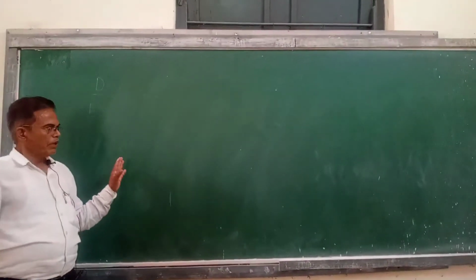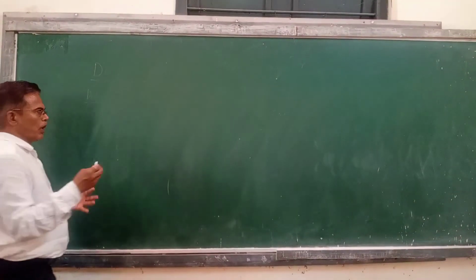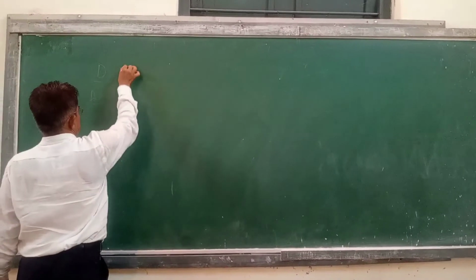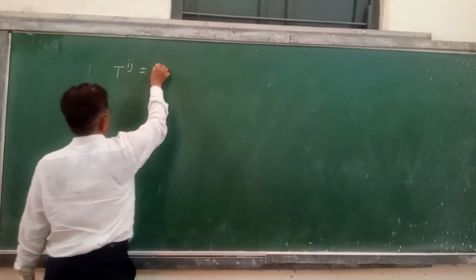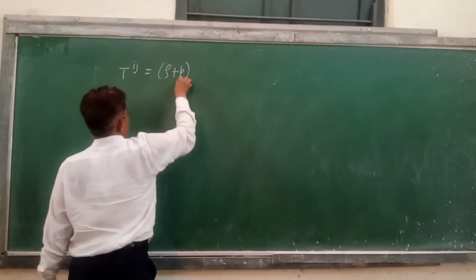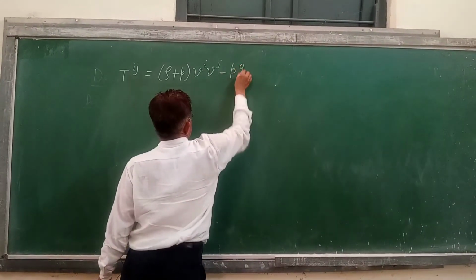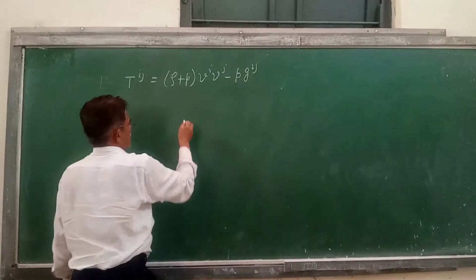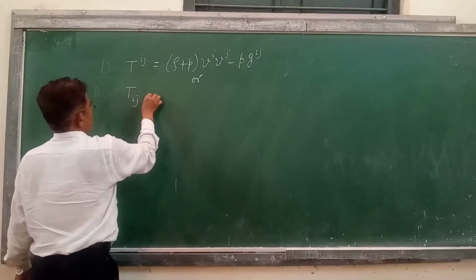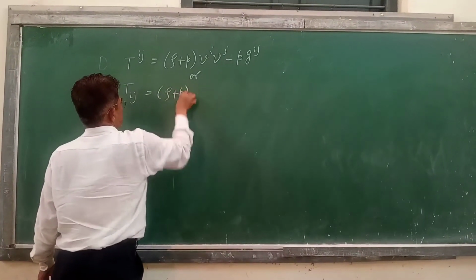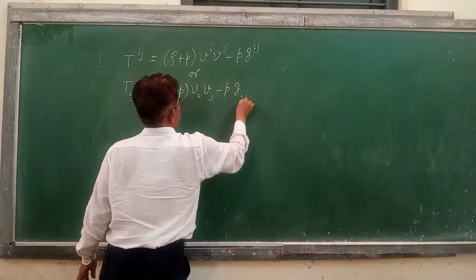So now we will prove the derivation of the energy momentum tensor. What is the formula? The formula of the energy momentum tensor is T^ij is equal to (rho plus p) v^i v^j minus p g^ij, or this can also be written as T_ij is equal to (rho plus p) v_i v_j minus p g_ij.